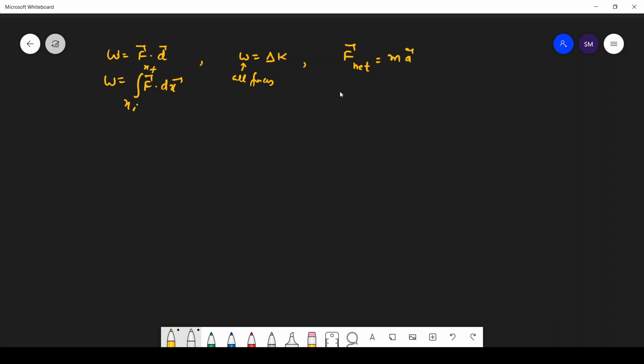Then we did what kinetic energy is. Kinetic energy is equal to half m v dot v, that's half m v square, and it's always positive.